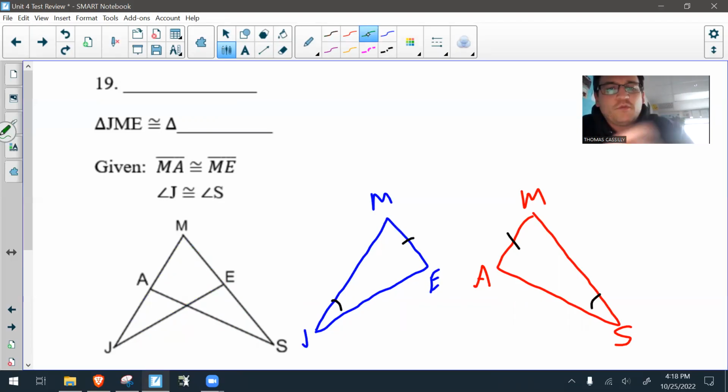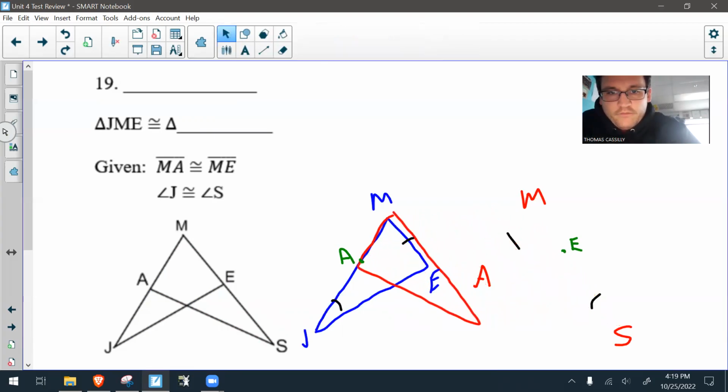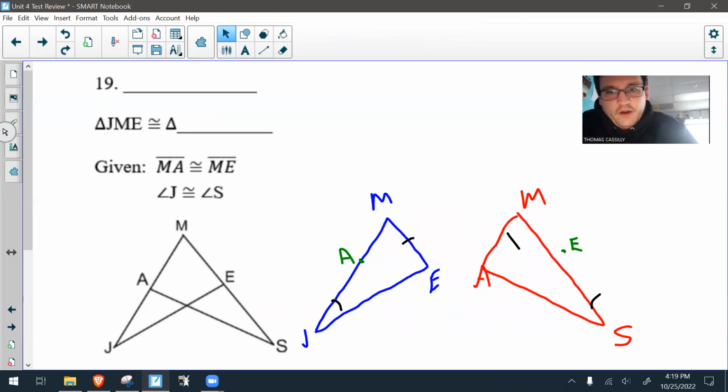Now this is where we have to get a little creative, because we pulled the triangles apart, but we still have these points that go away because they're no longer intersecting. So point A, that green point A there, is still there, because when we overlap these triangles it's still there.